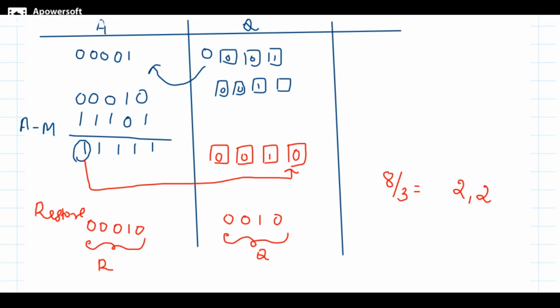So we are getting the correct answer, remainder as 2 in binary and quotient is equal to 2 in binary. So this is how we can perform the division operation using restoring binary division.